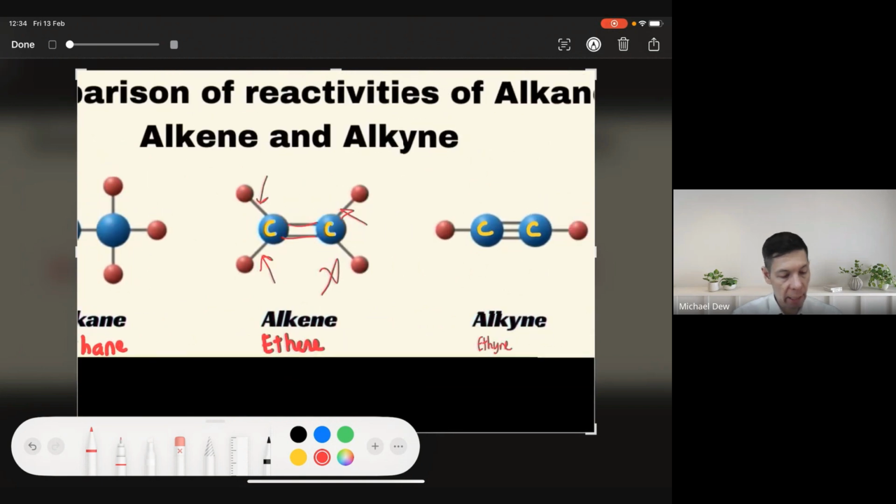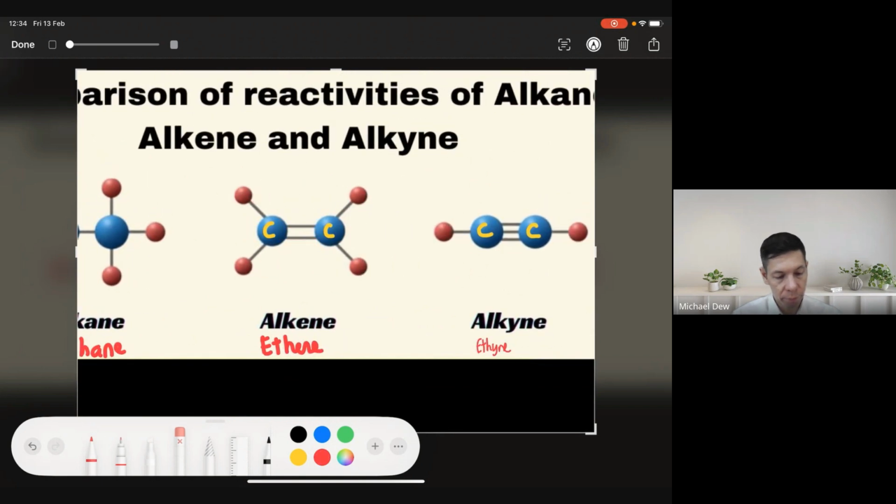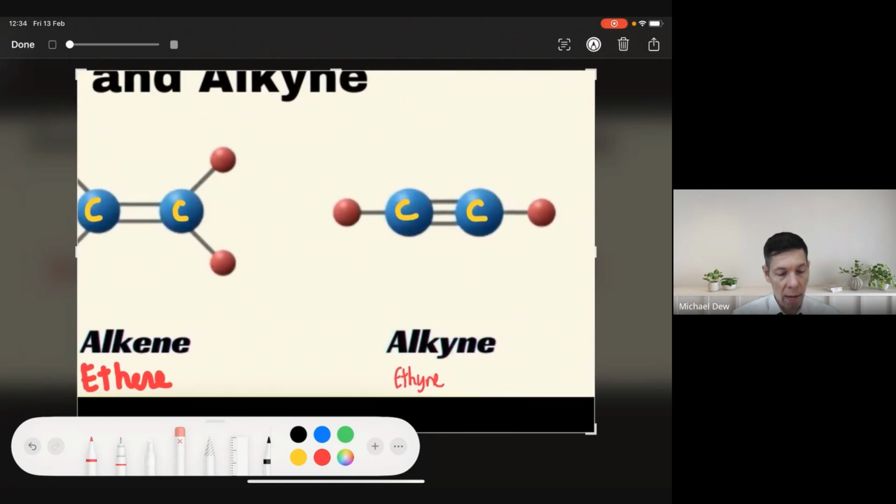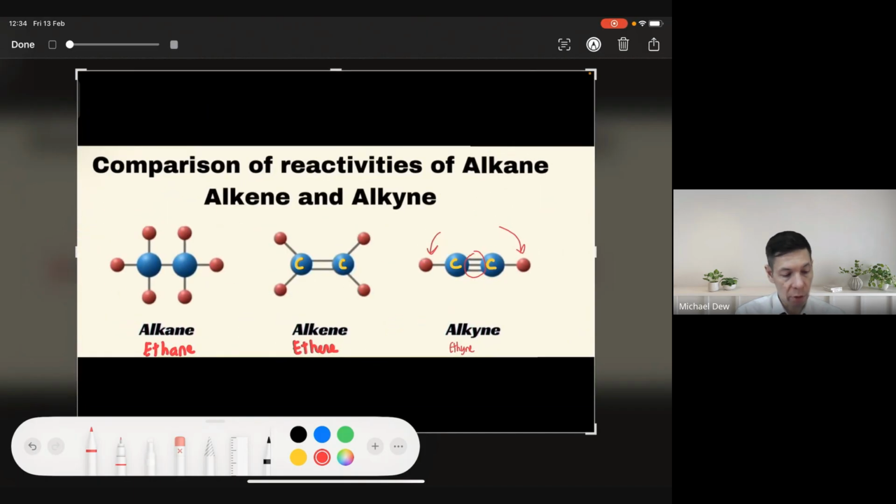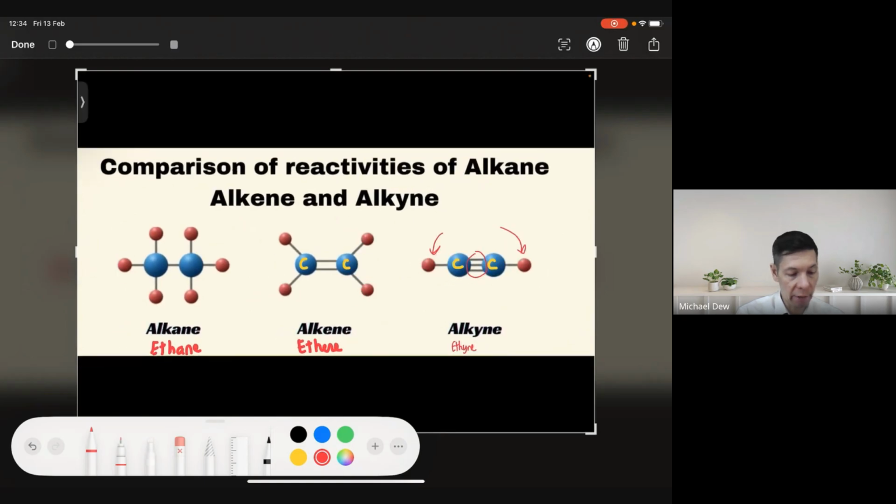And then if we look here on the right side, alkyne with 3 bonds, well, that's going to cause carbon to only have room for 1 more, so we can only add 1 hydrogen for each carbon. So what do we know? Ethane is going to have 6 hydrogens, ethene can have 4 hydrogens, and alkyne can only have 2 hydrogens. So think about this because you might be tested on that concept for the final exam.